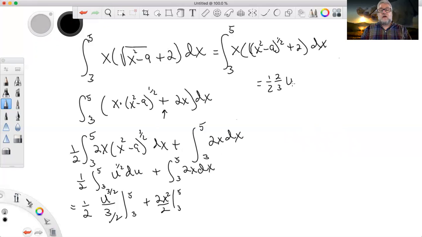U to the 3/2 evaluated from 3 to 5, plus x squared evaluated from 3 to 5. So these will cancel, and we're going to end up with 1/3 times, now what was u? I deleted it. Oh well. U was x squared minus 9.